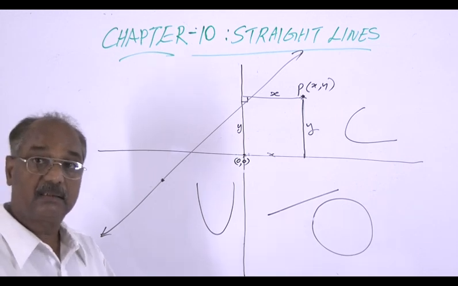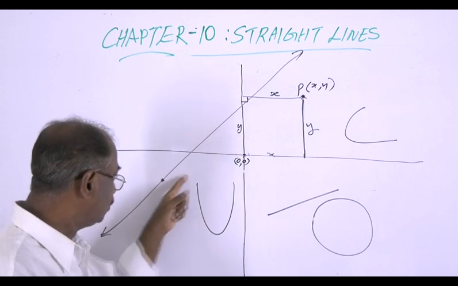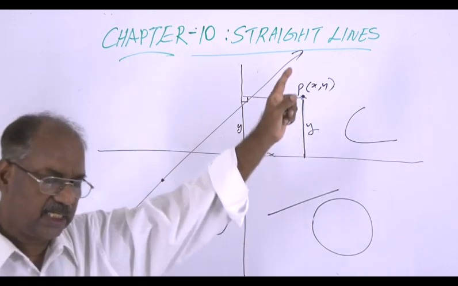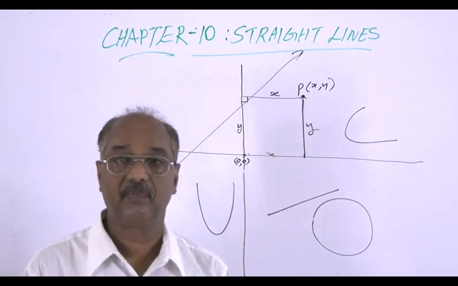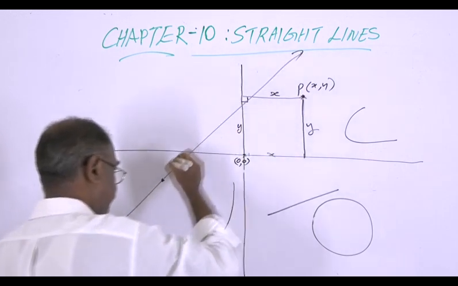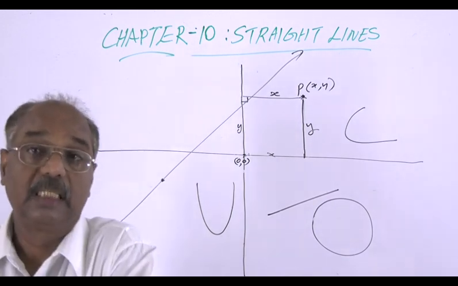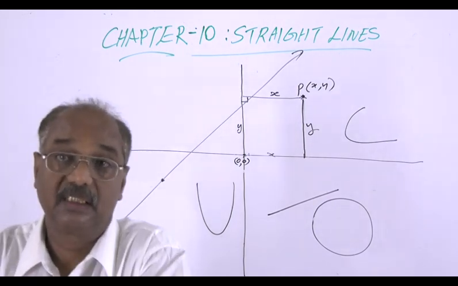Then the line is the path of the point. We assume this point is moving in a straight way. Then this is the path of the moving point as the straight line. In that way we can consider.